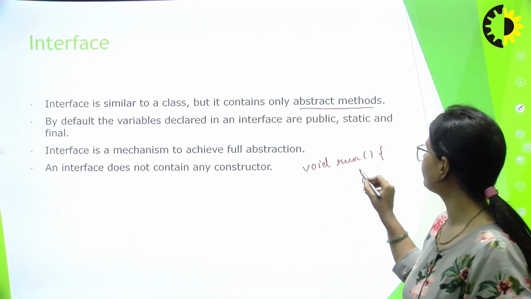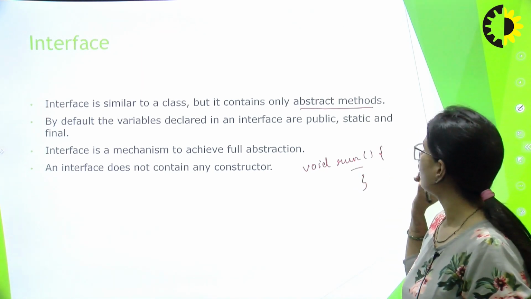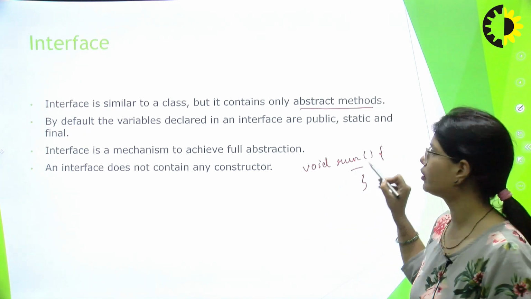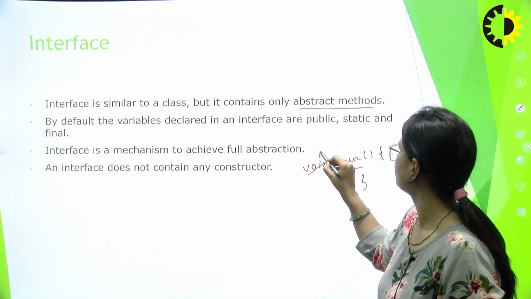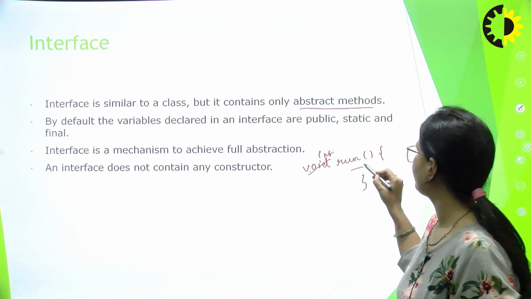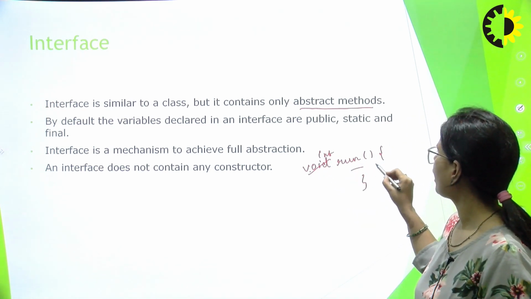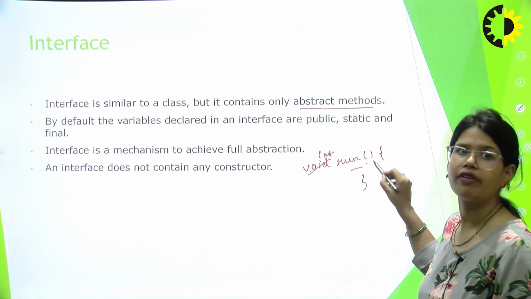So this is my abstract method. Or suppose I write int run. This is the method and I have just declared it. I am not defining it over here.